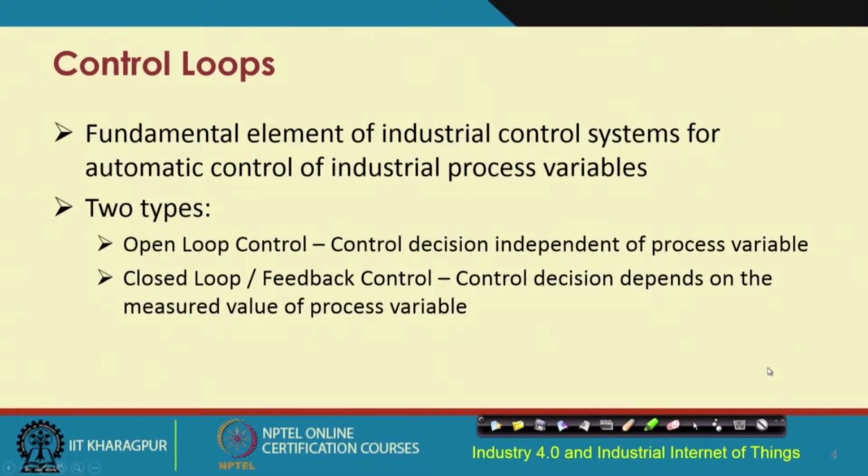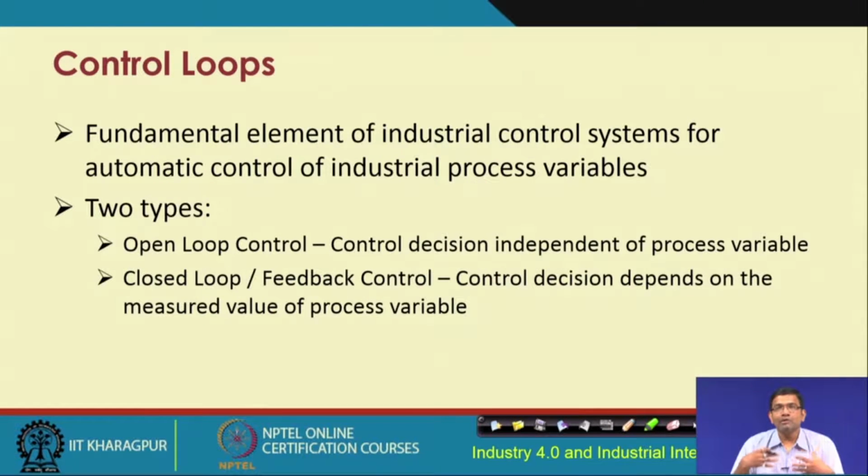So, let us look at this control loop, because it is this control loop which is the attractive part in the whole process control, automation and so on. So, this control loop is the fundamental element of industrial control systems, and these control loops help in automatic control, unmanned autonomous control. Automatic control of industrial process variables is offered with the help of this control loop.